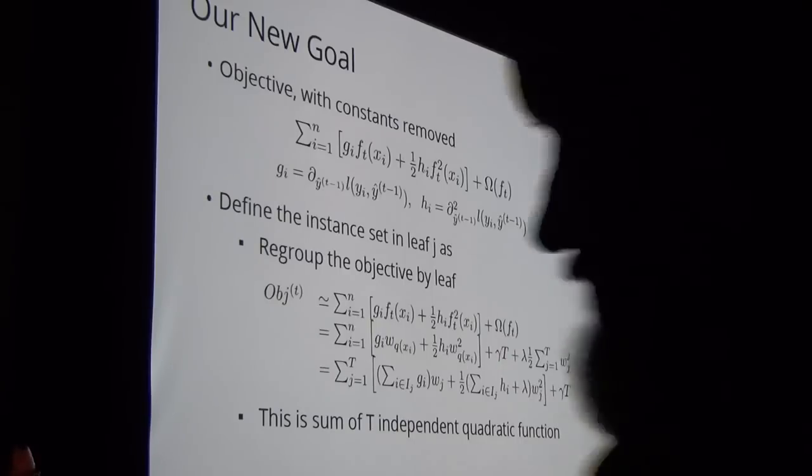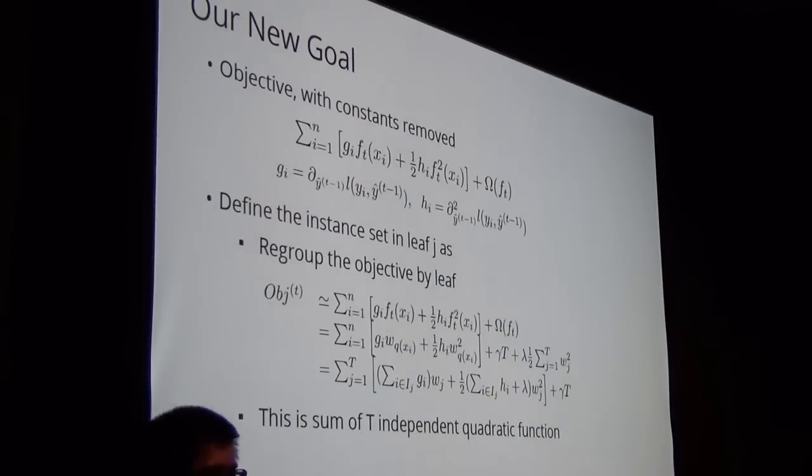Basically, we plug the definition of a regression tree back into this quadratic function. Here f_t is defined by w, which is the leaf weight vector, if you recall, and q is the mapping that maps x to the corresponding leaf index.